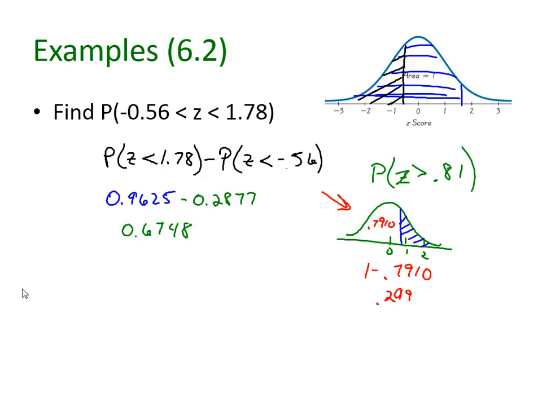Am I looking for the stuff in between, the stuff to the left, or the stuff to the right? As you're drawing these, you should recognize your zero is in the middle, and so you're looking for your z-scores either to the right or left. At least have it in somewhat of a general direction, but it doesn't have to be amazingly great pictures. Just something to help you think through what you're doing. Questions?